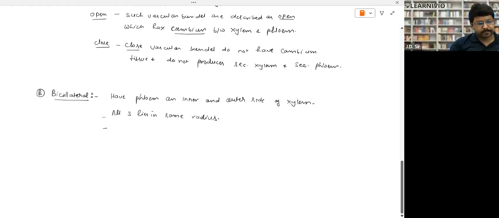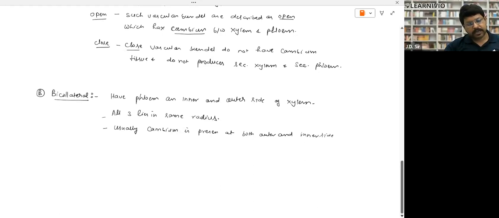Usually, cambium is present at both the outer and inner side of xylem, right? So they are bicollateral.